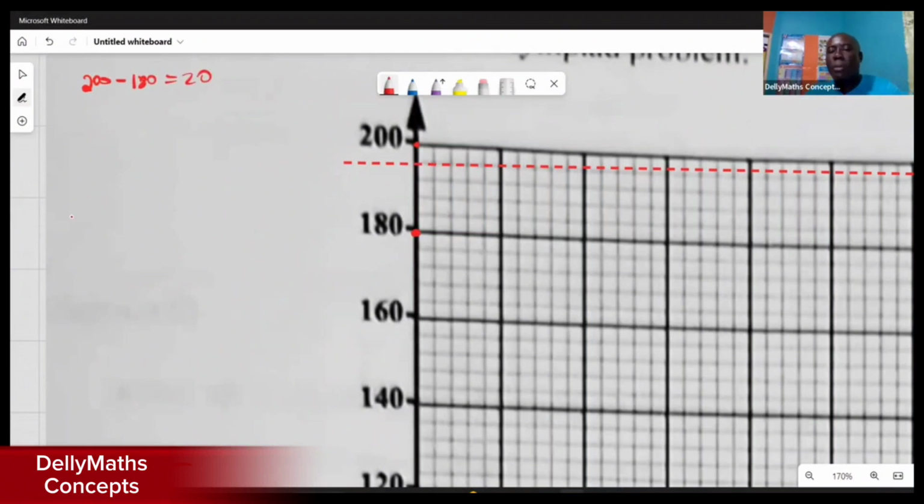Then we look at how many equal spaces it was divided into. It's 5. So if we divide by 5, one of those lines represents 4. So this is 184, 188, 192, and this line that I have is 196.